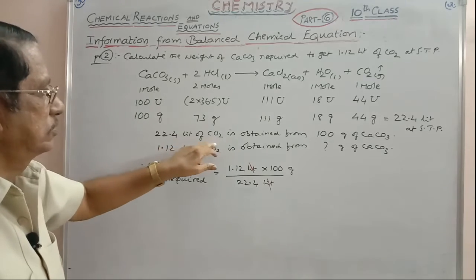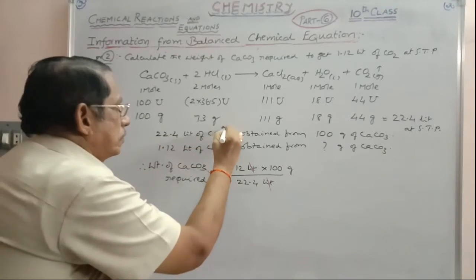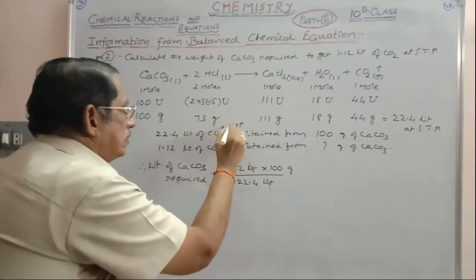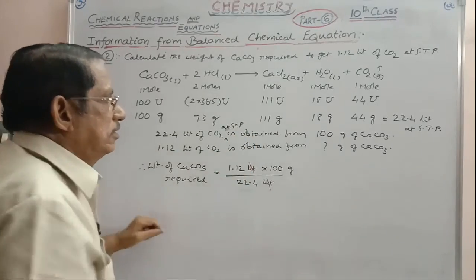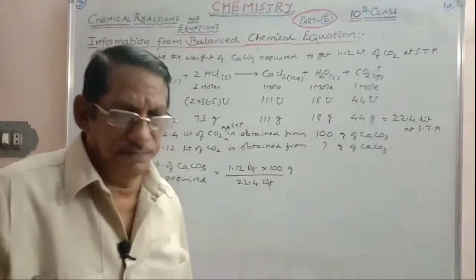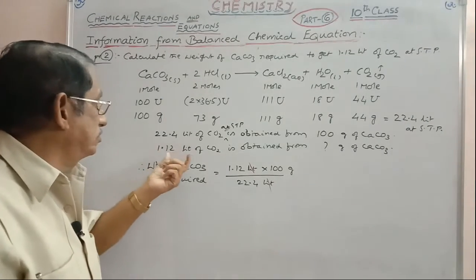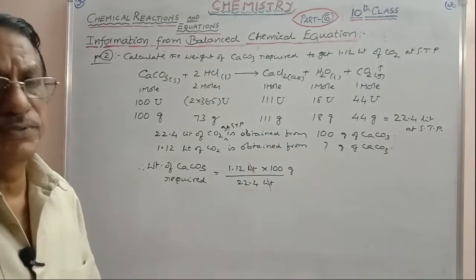22.4 liters of CO2 at STP is obtained from 100 grams of CaCO3. 1.12 liters of CO2 is obtained from how many grams of CaCO3? Simple step.